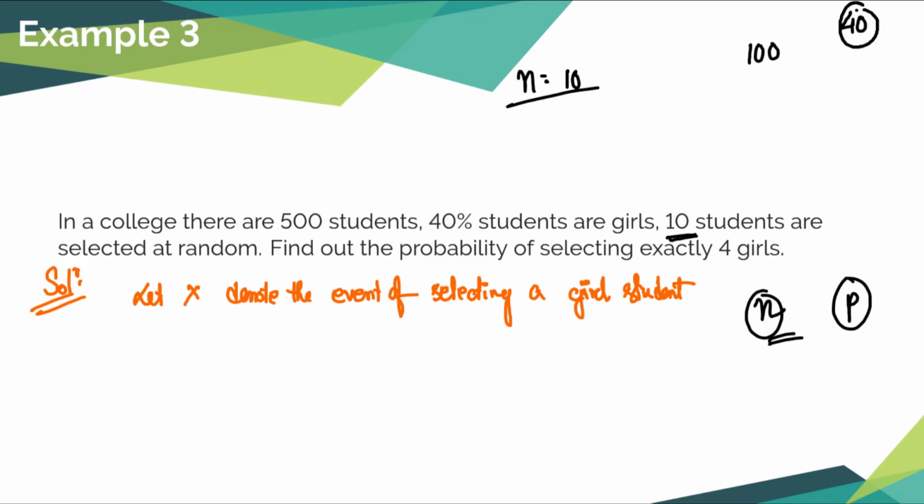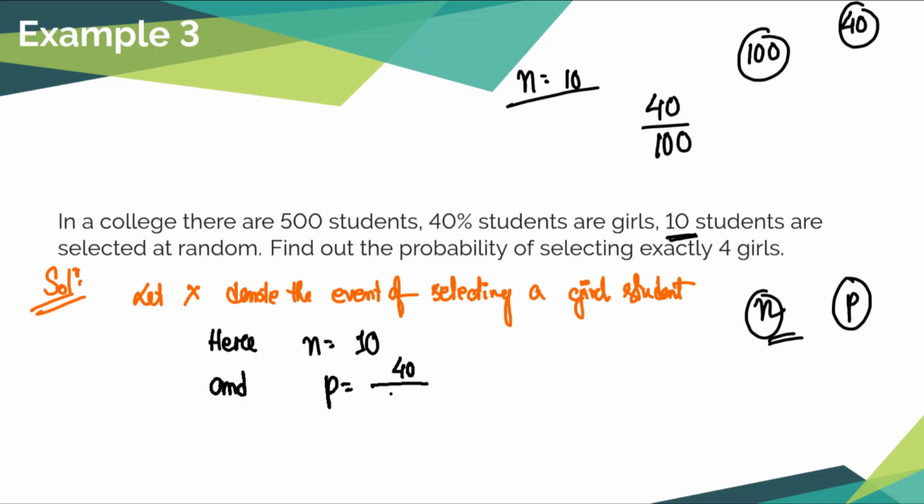So the favorable cases are 40, the total number of cases is 100, so the probability will be 40 upon 100. So here n is equal to 10 and p is equal to 40 upon 100, which, if you simplify, is 2 by 5, right?